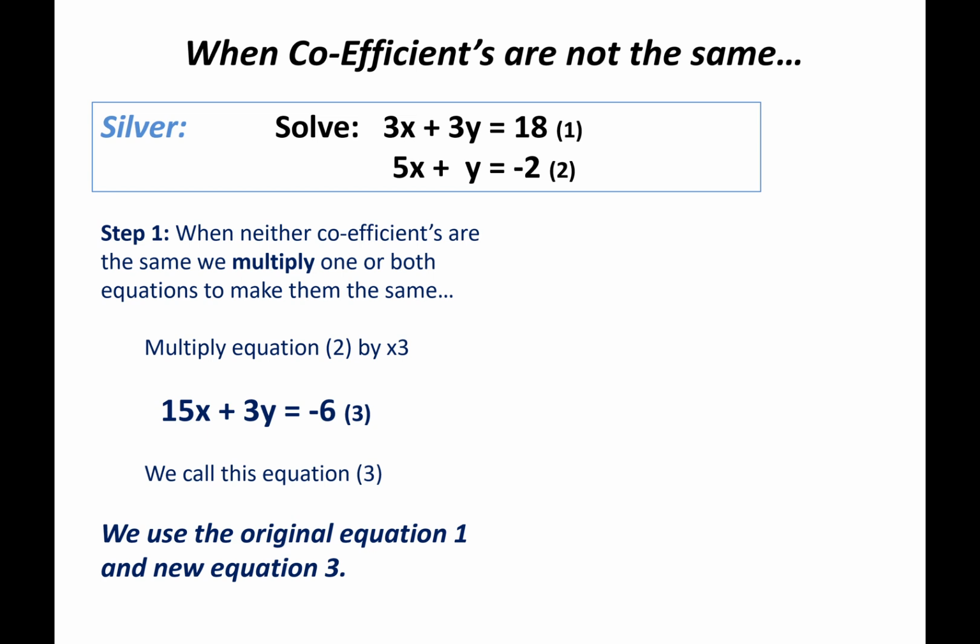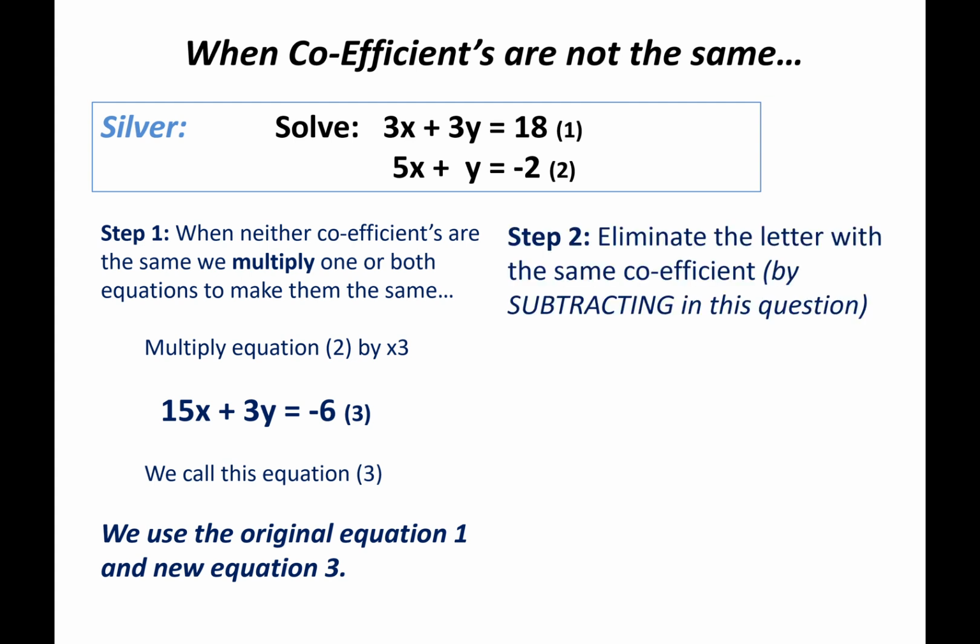We then use our original equation 1 and our new equation 3 to solve for x and y. This goes back to our original steps of eliminate the letter with the same coefficient. In this case, by subtracting.